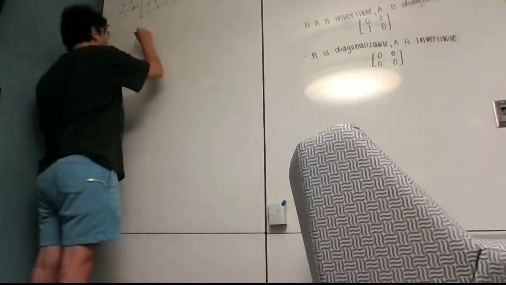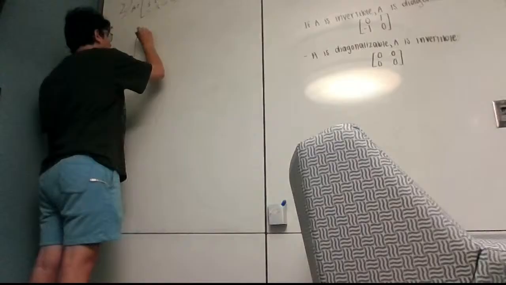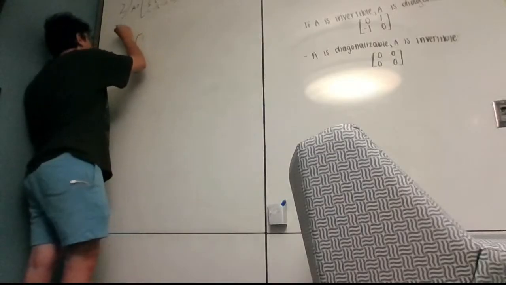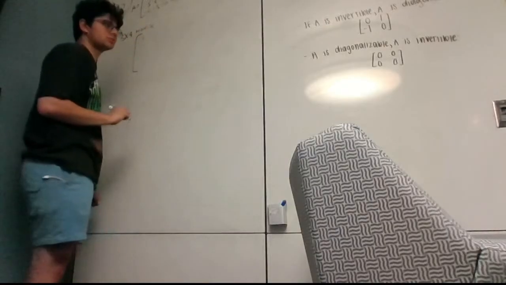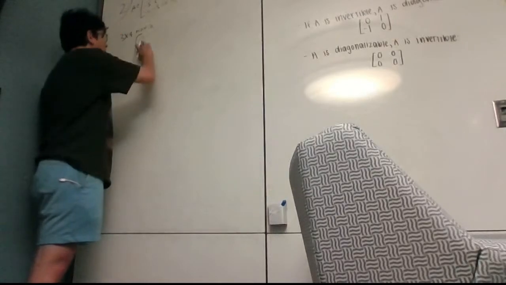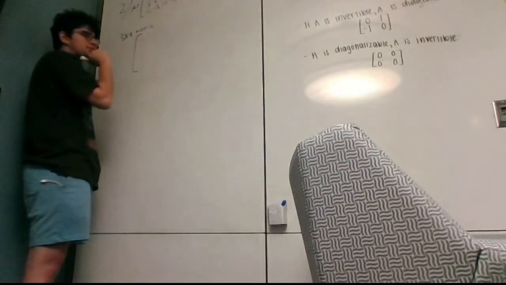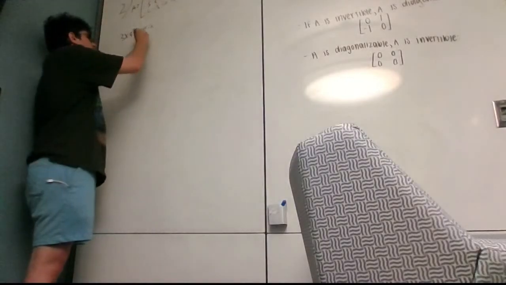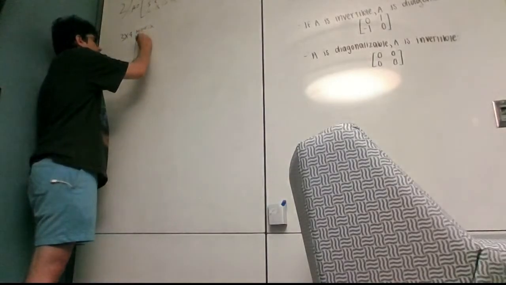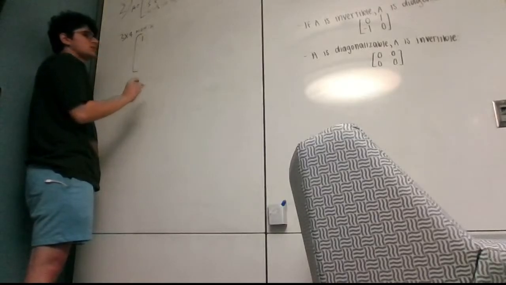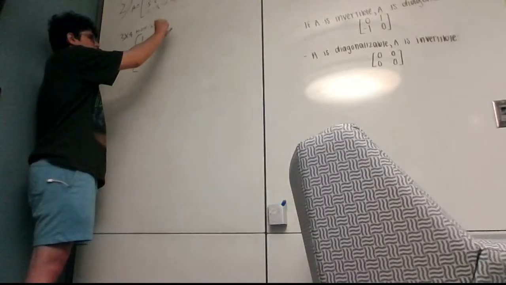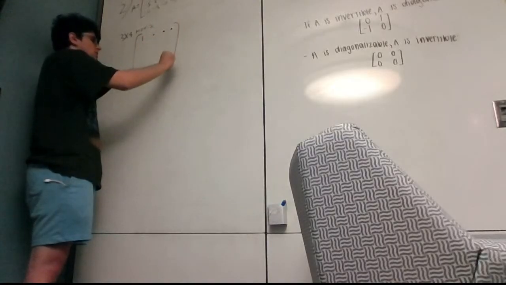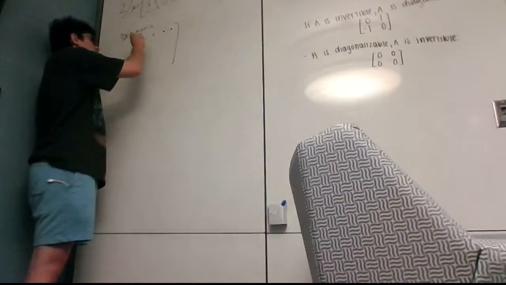Row echelon form gets its name because it's based on a staircase. So we have a 3 by 4 matrix. What do we do with it? We have the entries here, 1 acts as the entrance to each column, and then the pivot column.